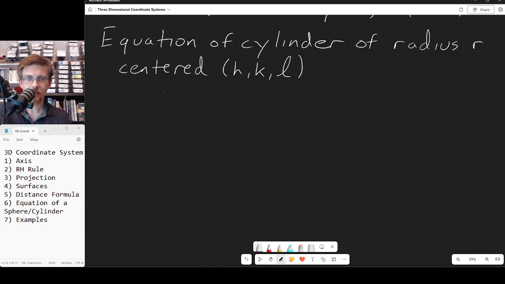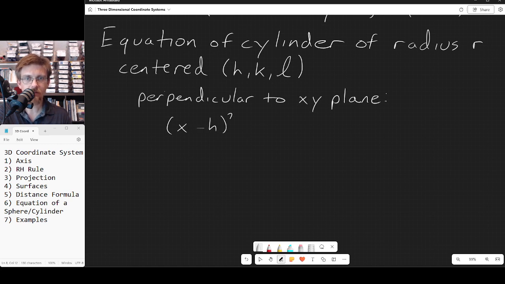So this is going to be perpendicular to the XY plane. So that's going to be x minus h squared plus y minus k squared equals r squared.